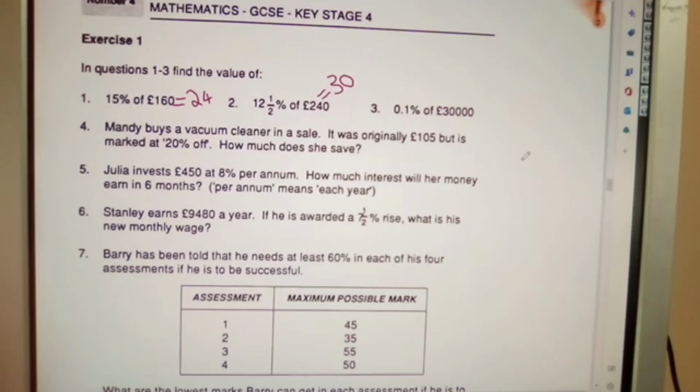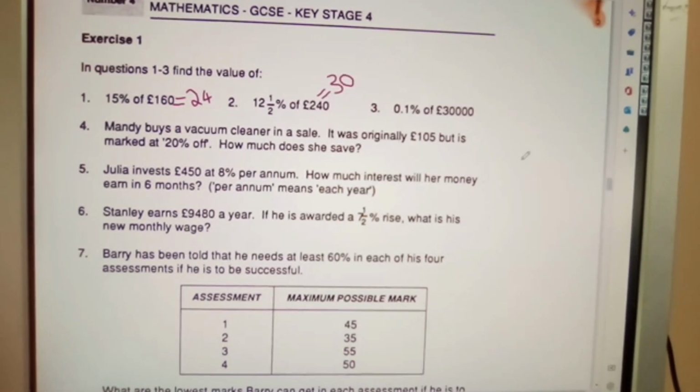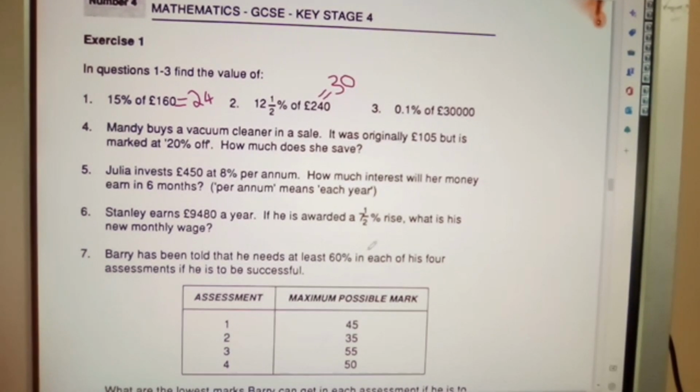And we have 0.1% of 30,000. And again here, I am just going to give you the answer that I believe to be my own correct answer.